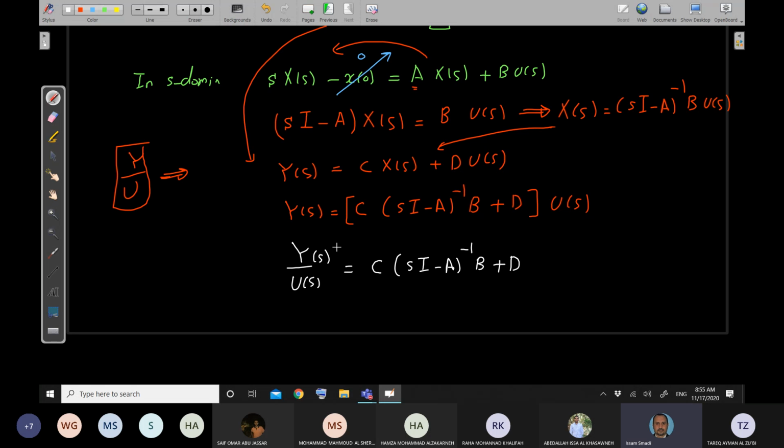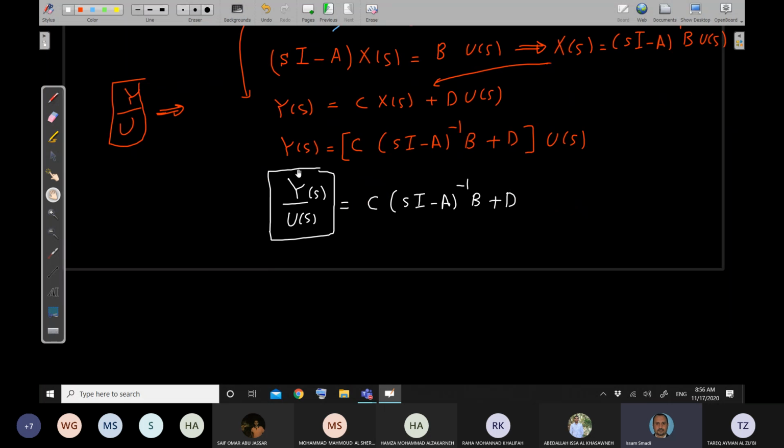Now simply, this is a representation, and this one is unique. If I'm having two representations for the same system in the state space representation, and I take the transfer function using C S I minus A inverse B plus D, I will get the same transfer function. Otherwise, I'm speaking about something else.